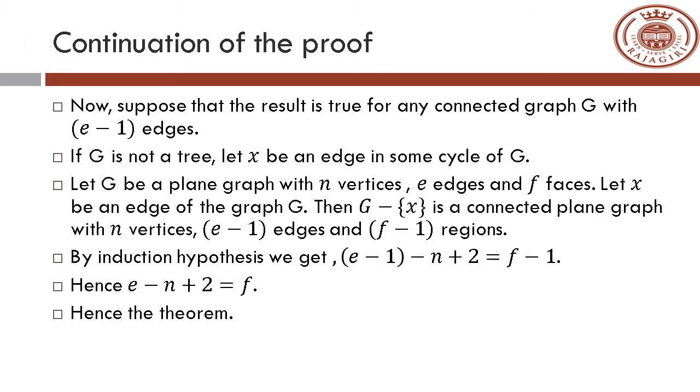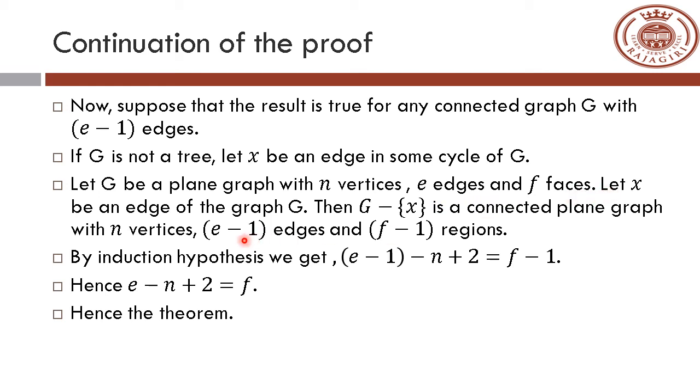Now let us assume this result is true for any connected planar graph with e - 1 edges. If G is not a tree, let X be an edge in some cycle of G. Let G be a plane graph with n vertices, e edges and f faces.